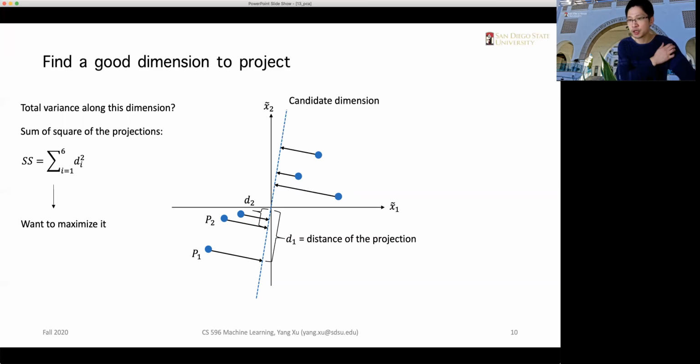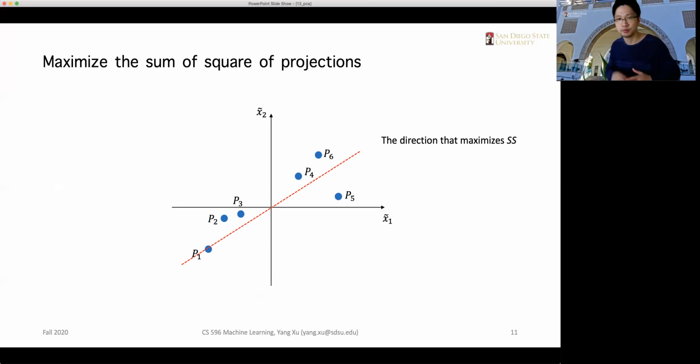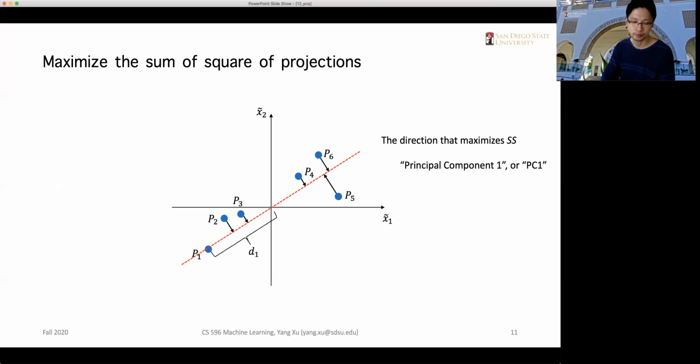So far we haven't talked about how we can find the right angle, the one that maximizes the sum of squares. But we will assume that we already know how to do that, and we will eventually stop at some point where this sum of squares is maximized. And we call the direction that this current dimension points to the principal component, or PC1.